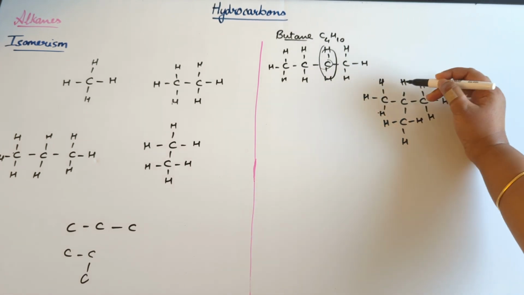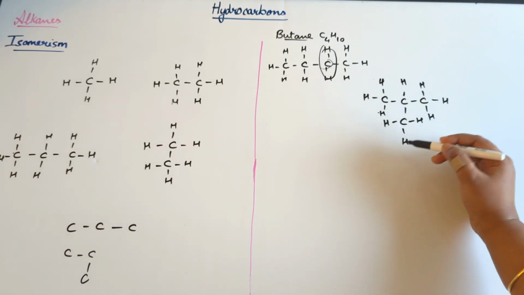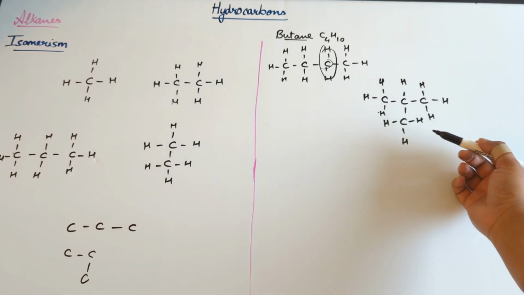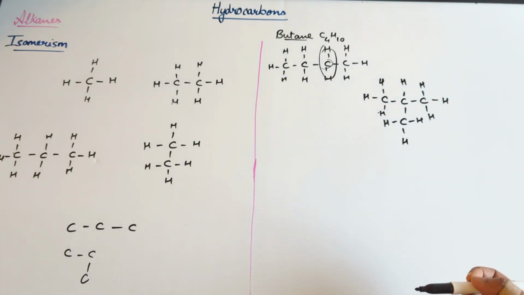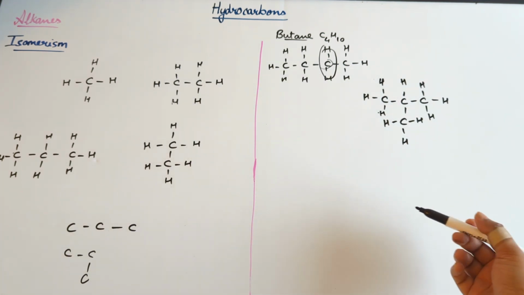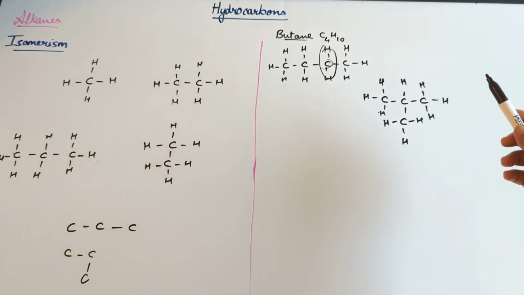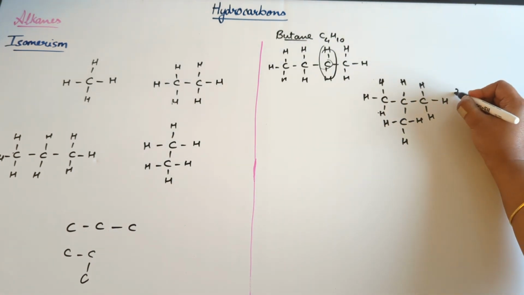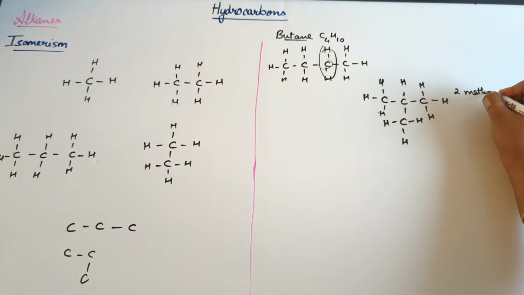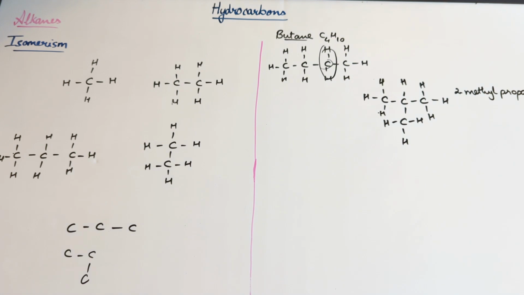So 1, 2, 3, 4, 5, 6, 7, 8, 9, 10. You have 10 hydrogen atoms and 4 carbon atoms. But the IUPAC name is different. Here it is butane, right? And whereas here it's going to be 2-methyl propane. I'll just write it here. 2-methyl propane, because at the second carbon atom, you have a methyl group attached to it.